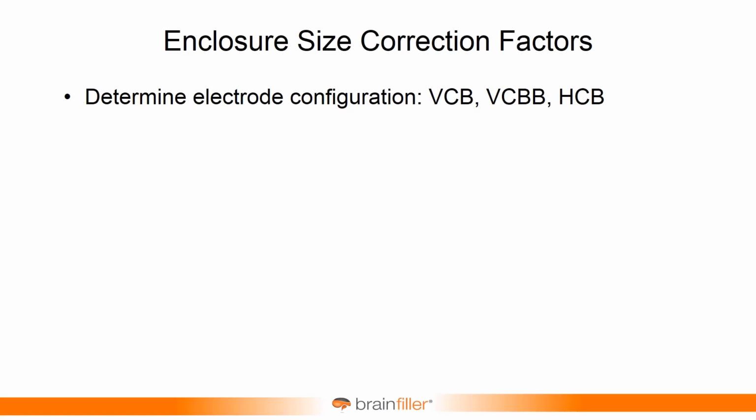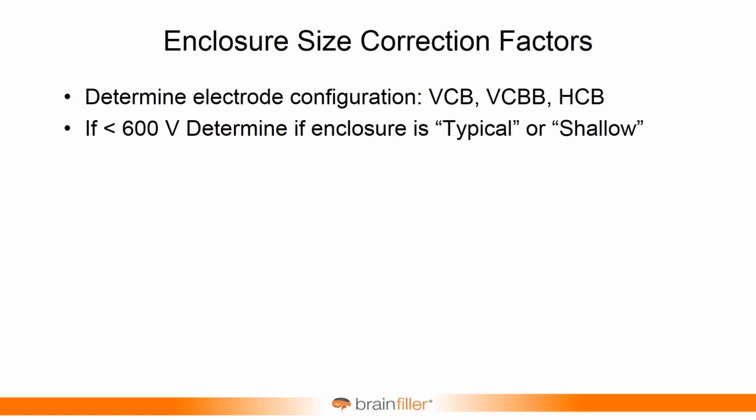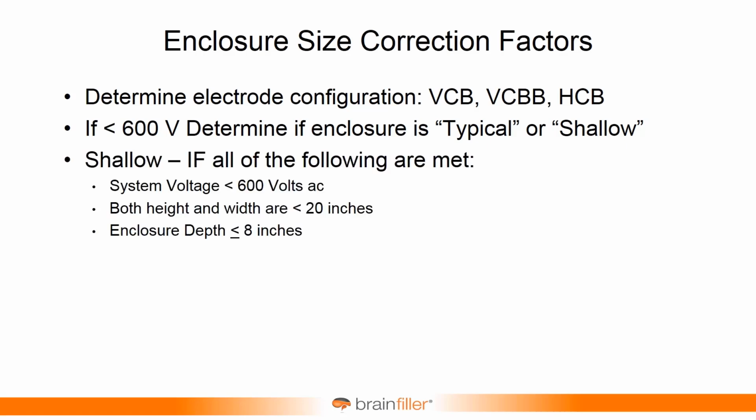And up through 600 volts, you have the distinction between typical and shallow. And as I said, up through 600 volts, the height and the width can't exceed 20 inches. And then the depth, up through 8 inches, that's shallow, and then greater than 8 inches, that's going to be considered typical or normal.